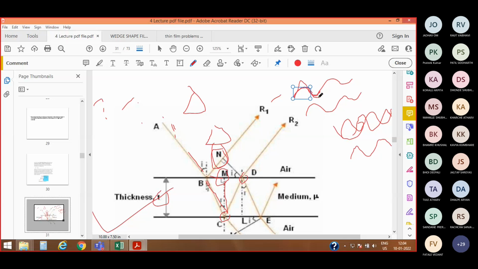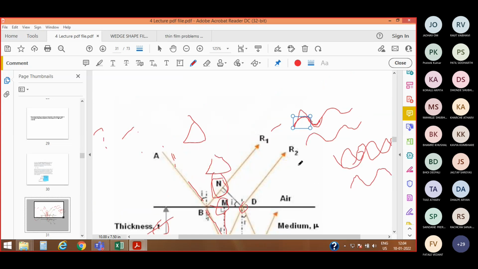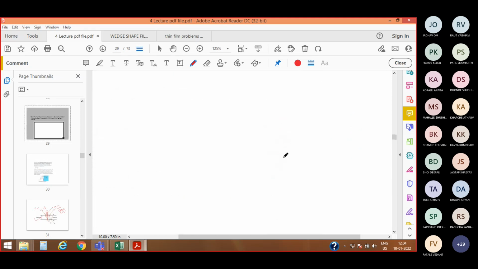Minima कब होता है? When there is destructive interference. So BR1 is maxima and DR2 produces minima. No, it is not like that. When both the waves are meeting with each other, at that point what is happening? Either constructive interference happens or destructive interference happens.